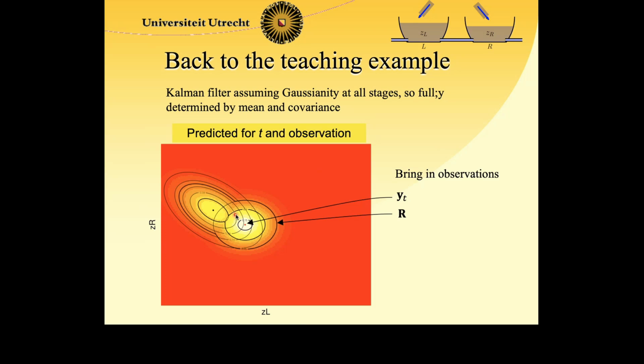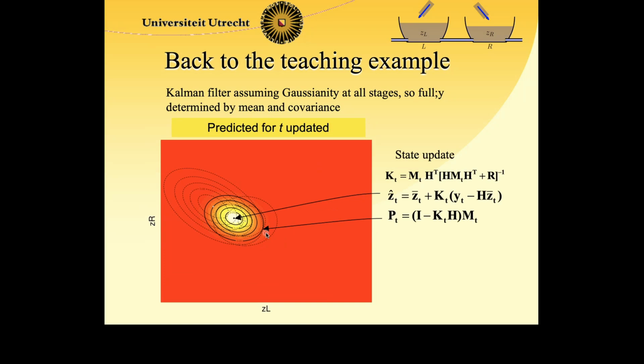So we have a mean and a covariance of the time update and of the measurement update, and we can bring them together by calculating the optimal weighting matrix and updating, getting an updated state with elements ZR and ZL that is somewhere in between, with a smaller uncertainty.